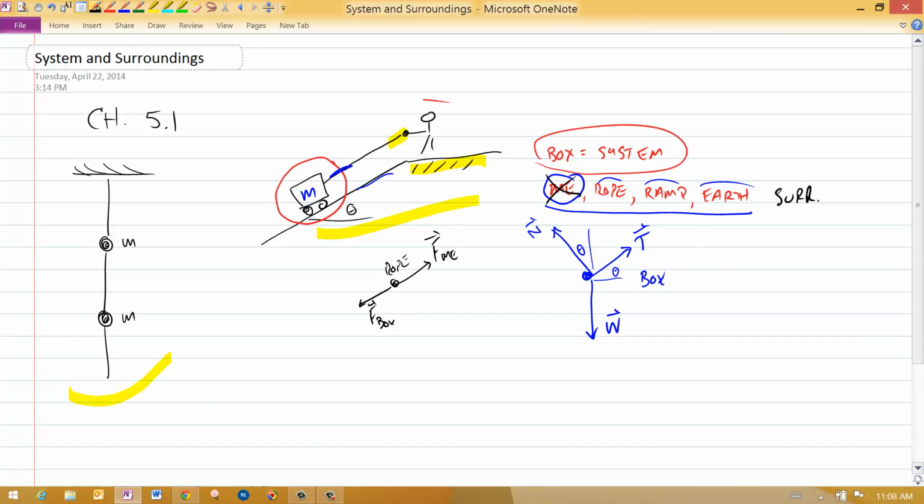Now, how did we deal with the momentum principle here? If I'm holding the box static, the rate at which the momentum of the box changes, that's what the momentum principle tells me, is equal to the F net from the surroundings. That's always what the momentum principle says. And here is the net force diagram.